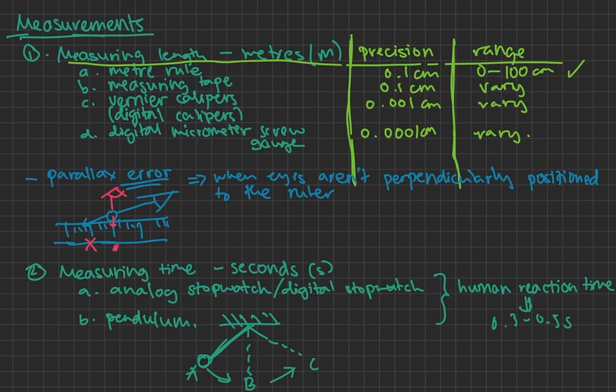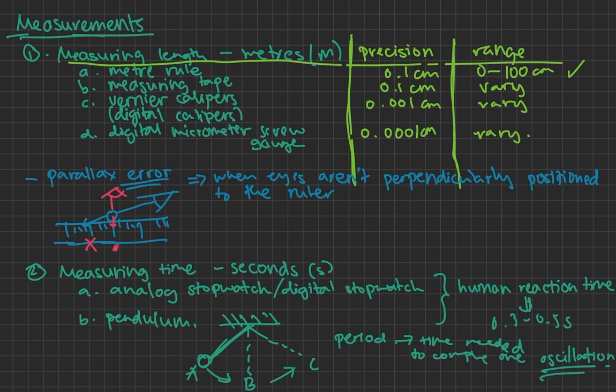And when you count the number of oscillations, you can then work out the period. The period is the time needed to complete one oscillation. So what is one oscillation?